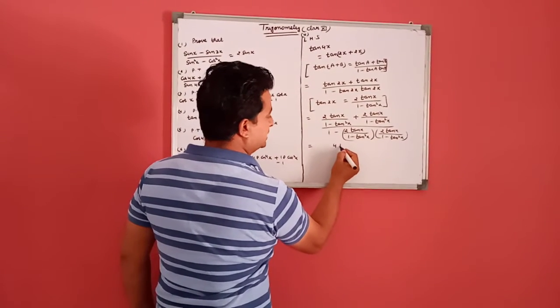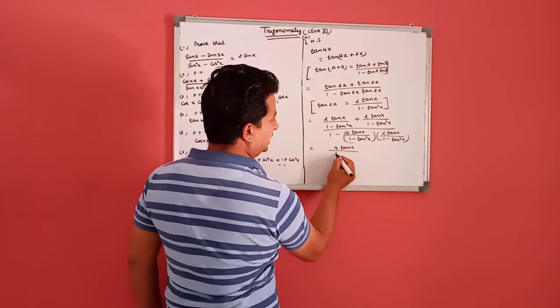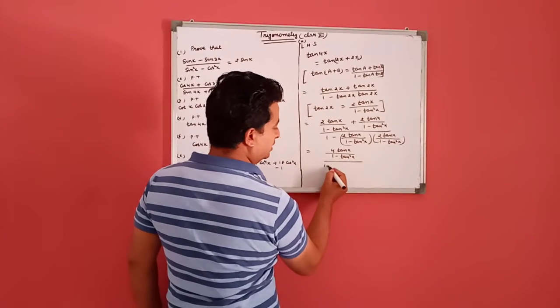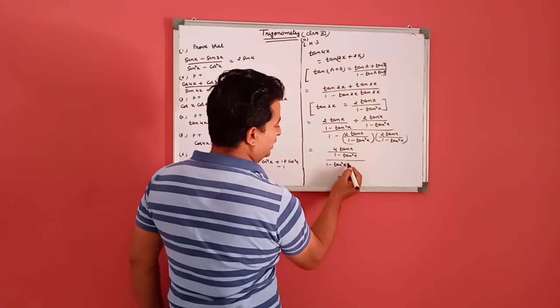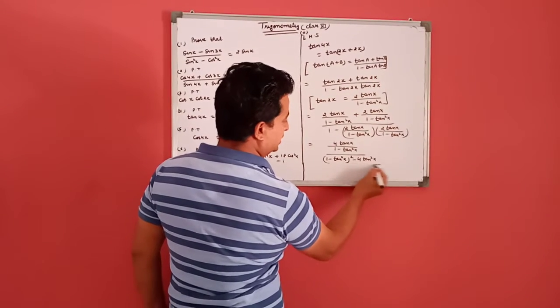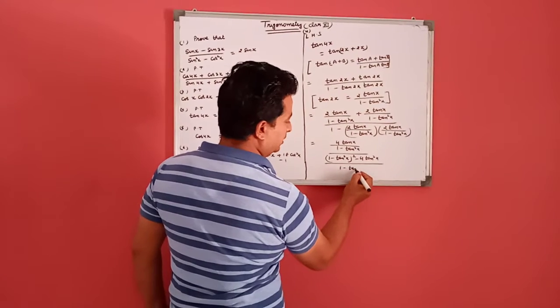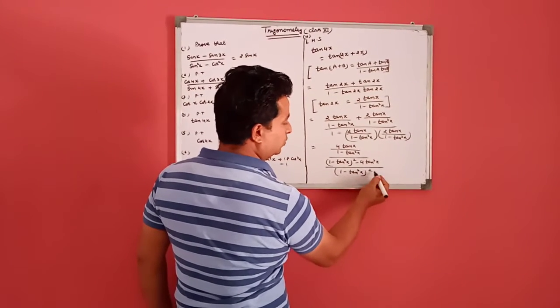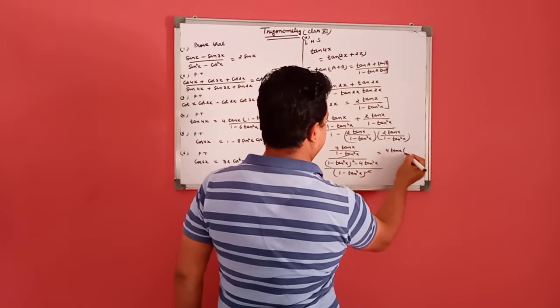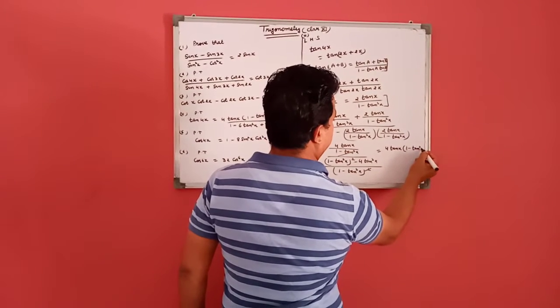When we take LCM, that is 4 tan x over 1 minus tan square x. In this, when we multiply, we get tan square x whole square, 4 tan square x in denominator, 1 minus tan square x. This cancels out. This becomes 4 tan x into 1 minus tan square x.